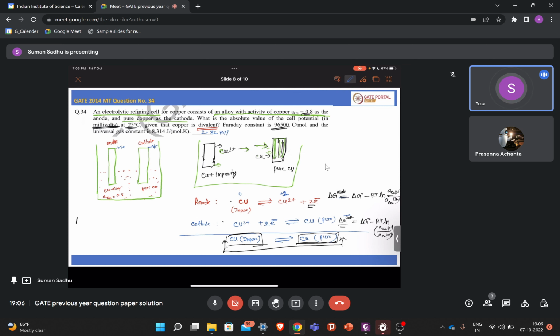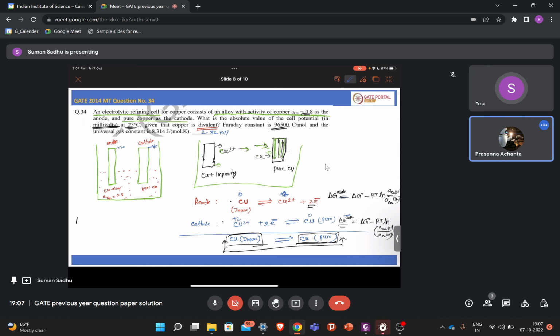If it is decreasing, it means reduction. From pure copper at zero becoming plus two, oxidation is taking place, and from plus two going to zero, reduction is taking place. Now I got it, sir.